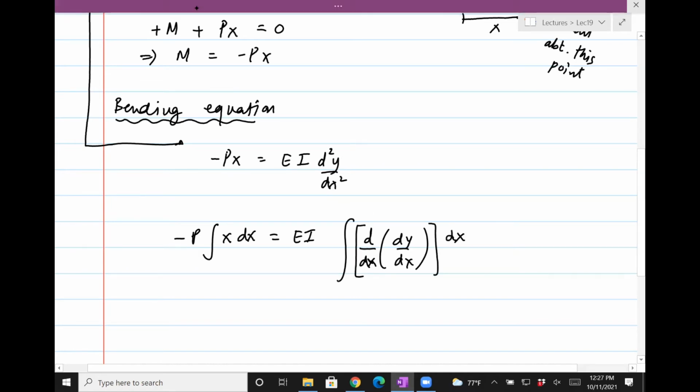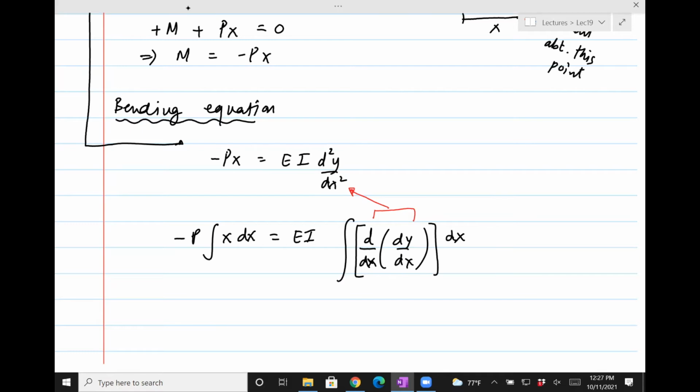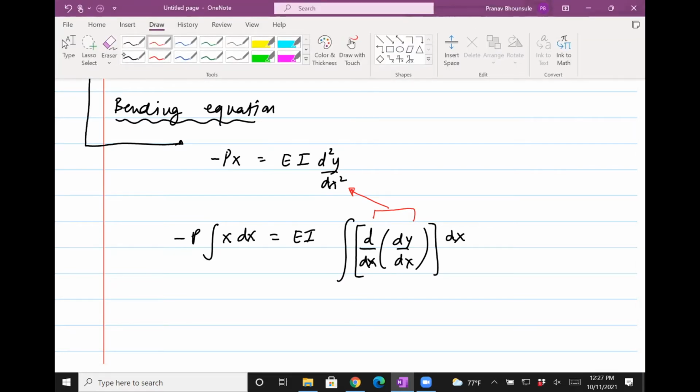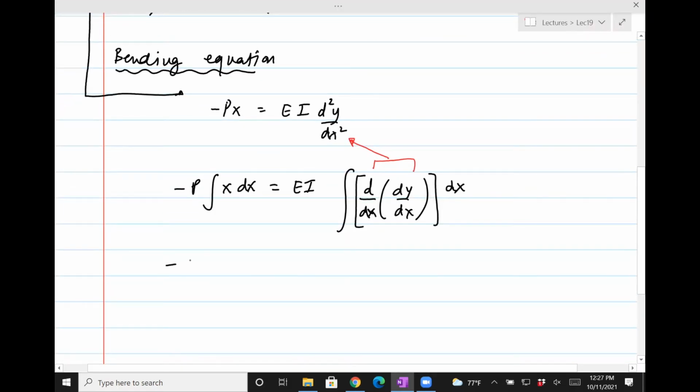So this is the same as this. I just rewrote it to make it easier to see how you get to the next step, which is the integral. So we have on the left side minus P times x square divided by 2. That's the integral of x. And since you're integrating something, you need to have a constant of integration.